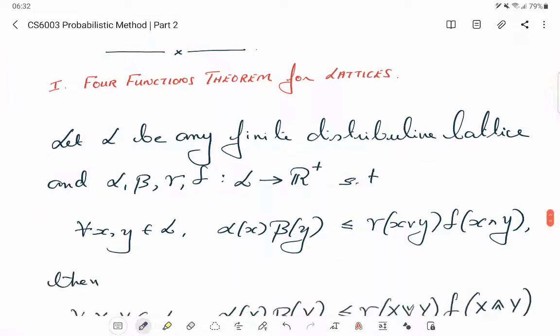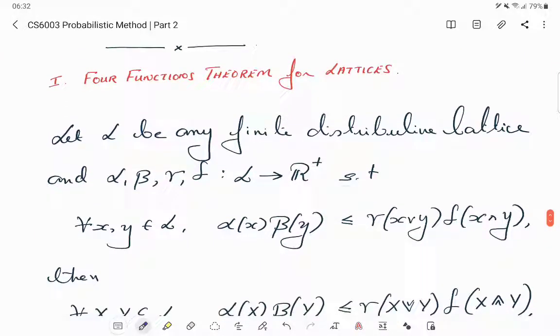Let me state the four functions theorem for lattices. Let L be any finite distributive lattice, and let four functions alpha, beta, gamma, delta all be from L to the non-negative real numbers. Even though we say plus, it means only non-negative reals. These satisfy this relation for any two elements in L. Remember that in the four functions theorem, this premise was to be satisfied by any two elements in the power set, or equivalently any two subsets of the domain.